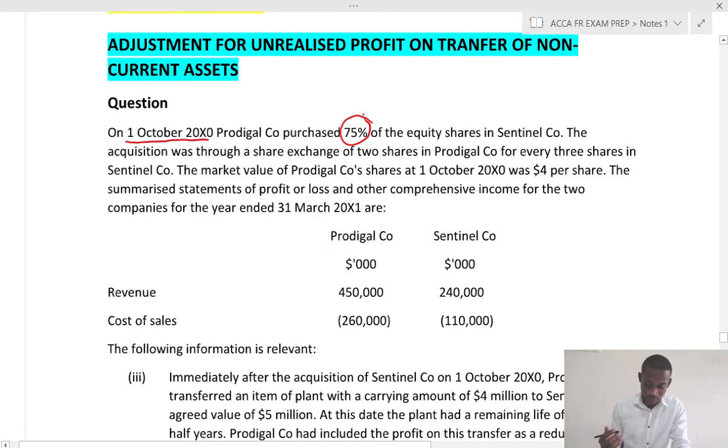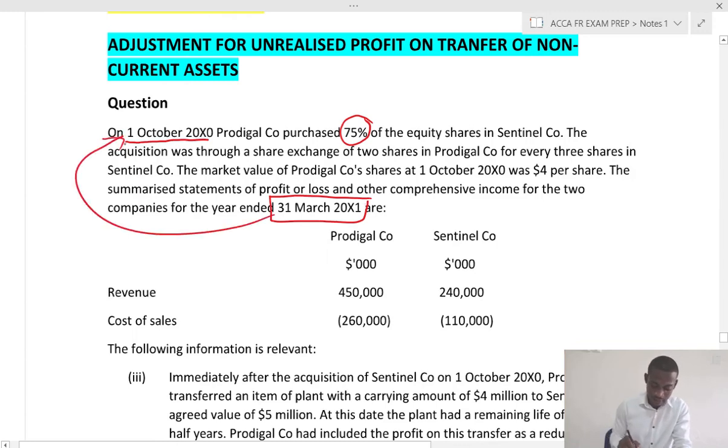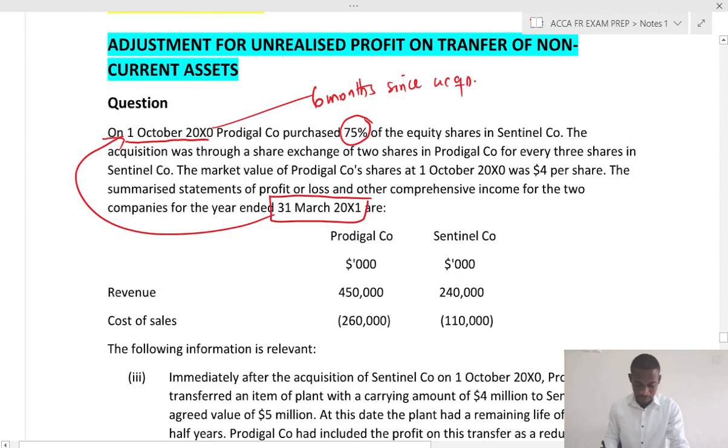Now the summarized profit or loss and OCI for the year ended 31st March 20X1. If you reconcile these to the year end, that tells you 6 months since acquisition. And it's important you note that.